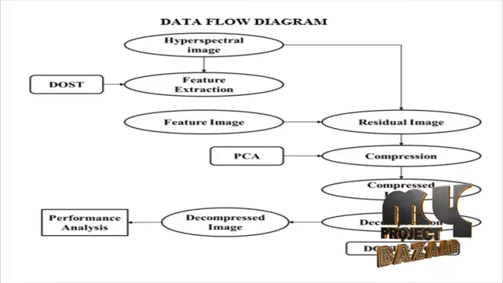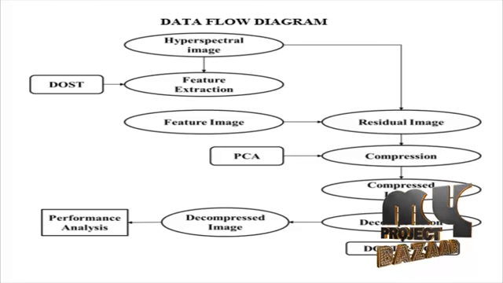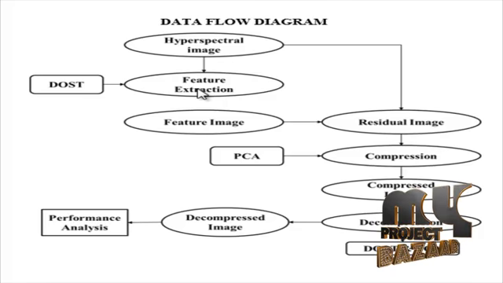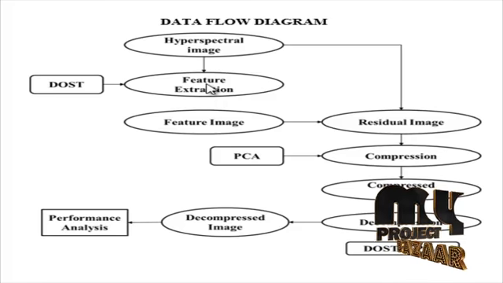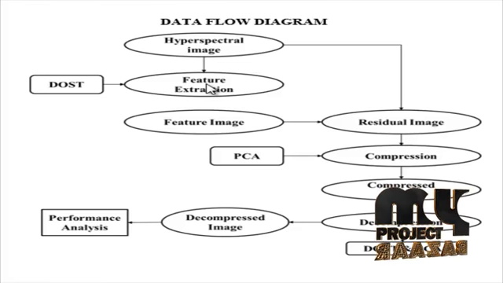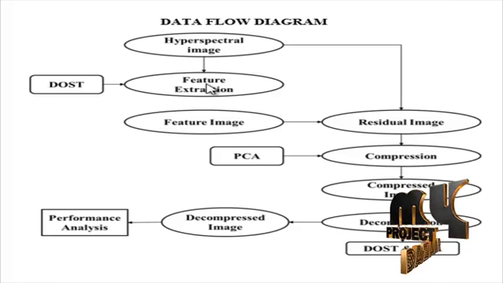The Stockwell transform of a hyperspectral image is defined as the Fourier transform of the product between the hyperspectral image and a Gaussian window function, and the ST decomposes a signal into temporal and frequency components. By the integral properties of the Gaussian function, the relation between the Stockwell transform and the Fourier transform of the hyperspectral image is proposed.